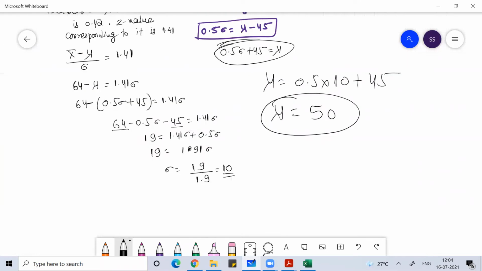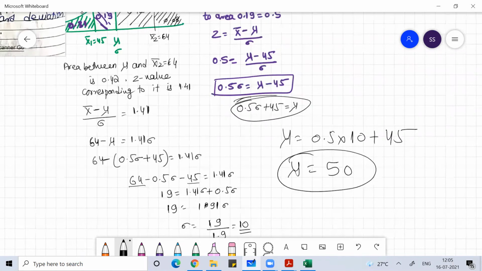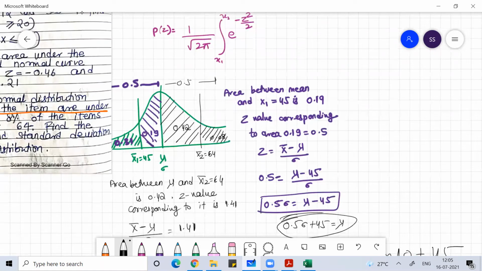I approximated 1.91 as 1.9 so that I get an integer value. So I get sigma equal to 10 and mu equal to 50. Clear, everyone, any doubt?